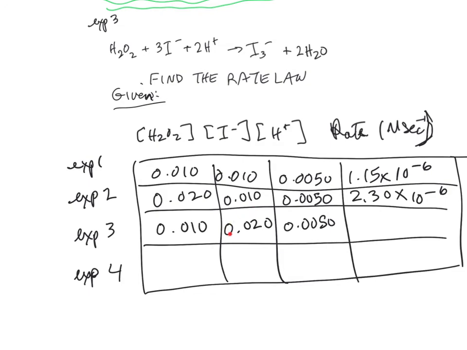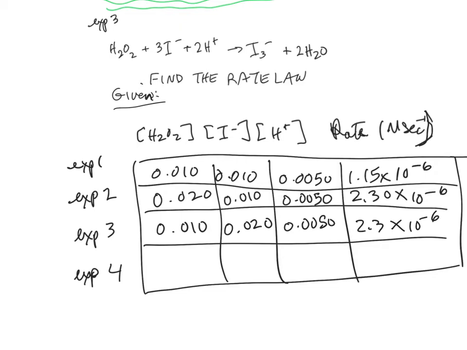So we've changed this only relative to experiment 1, and leaving these constant. So then the rate for this one is the same, 2.3 times 10 to the minus 6.